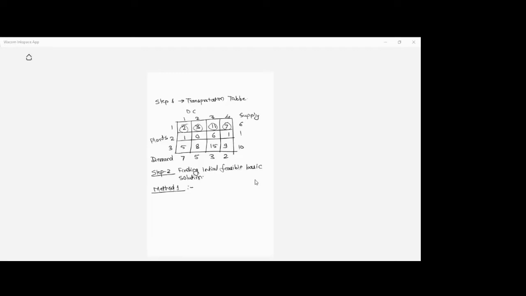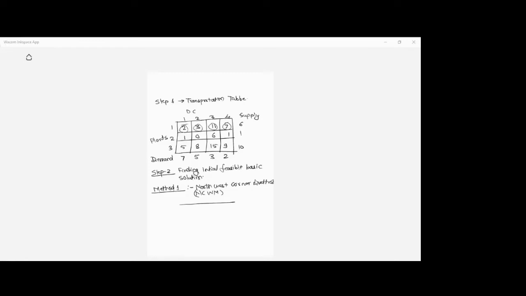Today we are going to see the northwest corner method, which is also called NCWM. Now we will have to be very alert while drawing the table, and it is somewhat different from the previous table.